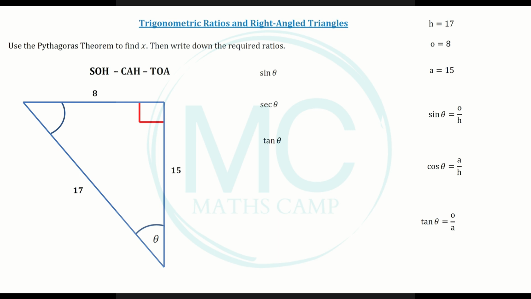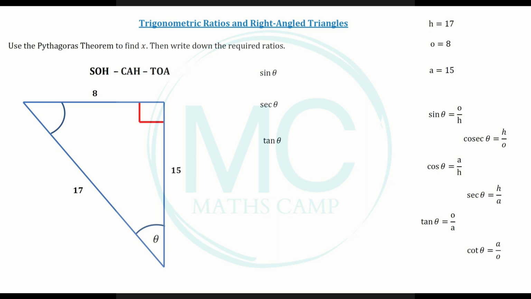We now also know that the reciprocal ratio cosec theta is equal to the hypotenuse over the opposite side, sec theta is equal to the hypotenuse over the adjacent side, and cot theta is equal to the adjacent over the opposite side. And now we've got enough information to find our given ratios.